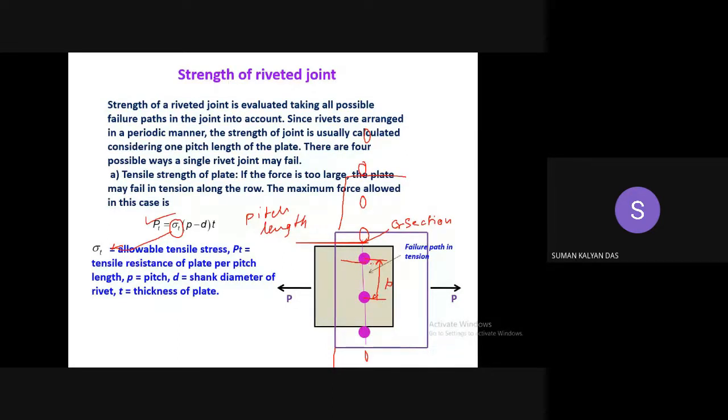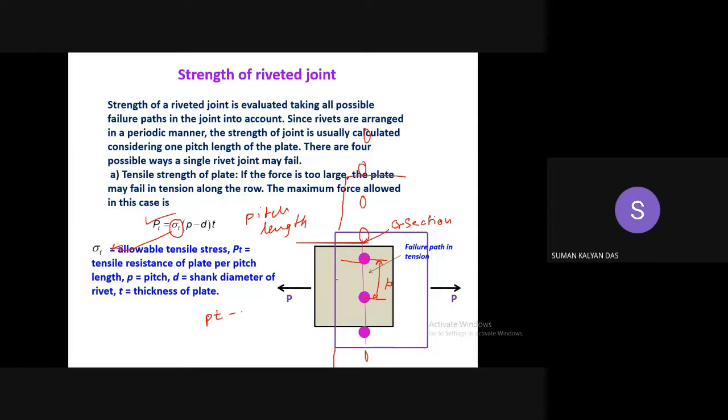So this pitch length means what is the area of the plate supporting the load. If the thickness of the plate is suppose t, so the actual area considering the pitch length is p into t. But obviously we have to subtract some area because of these half rivet holes.